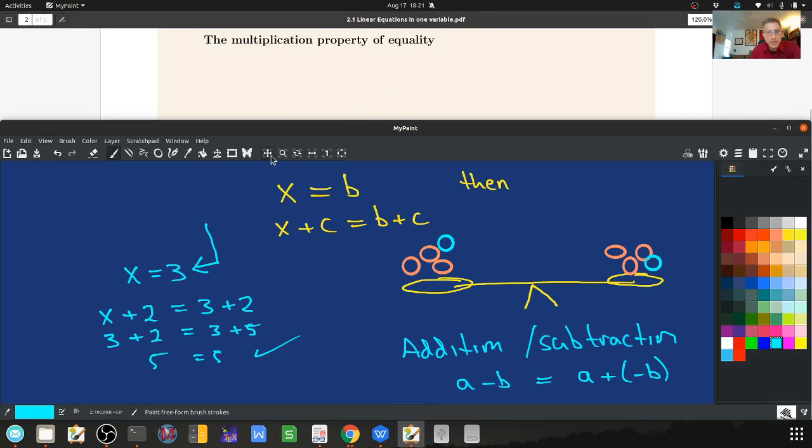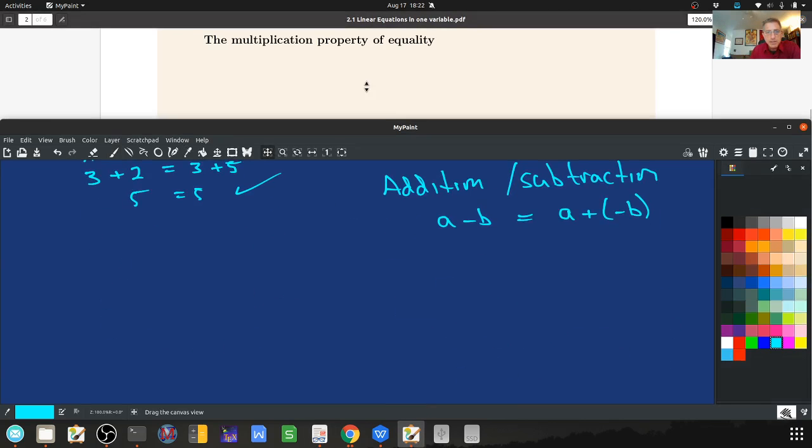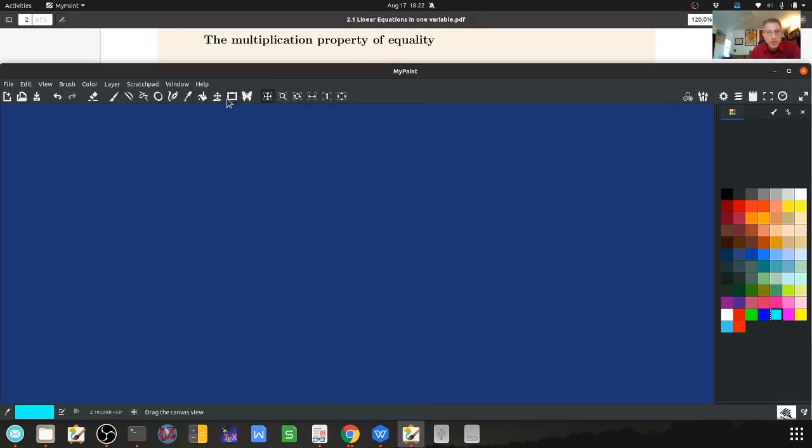So the multiplication property of equality, slightly different. Suppose, again, that x is equal to b.